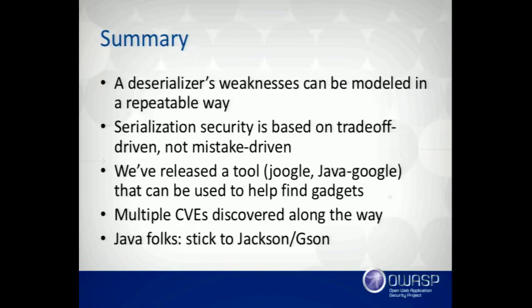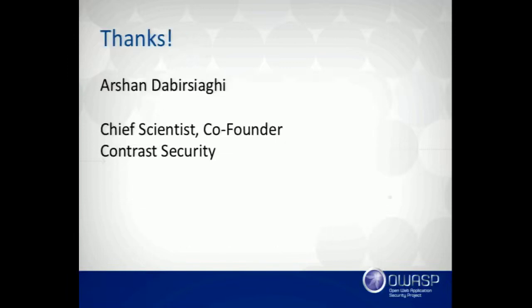Some of the decisions that deserialization libraries should make are really security decisions. I mean, they think they're design decisions, but they have huge impacts on security. So we released a tool to help you find gadgets. And for the Java folks in the room, stick to Jackson and JSON. Those are the safe options. And really that's it for today for me.